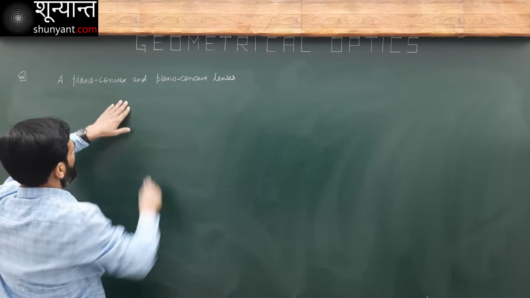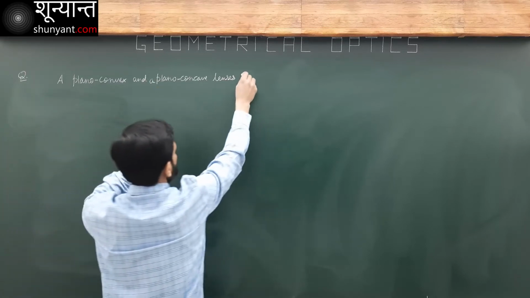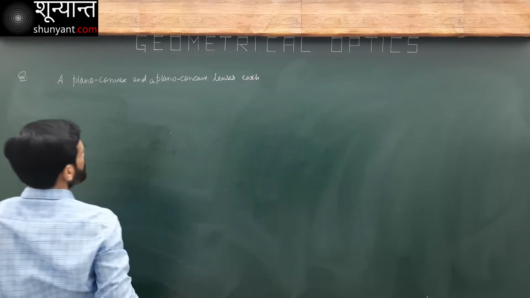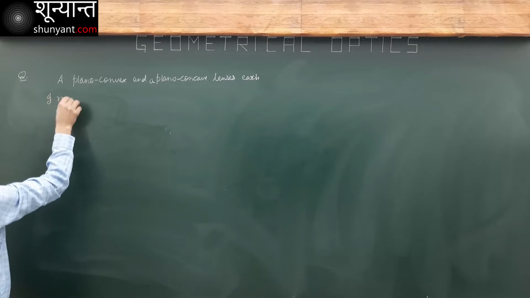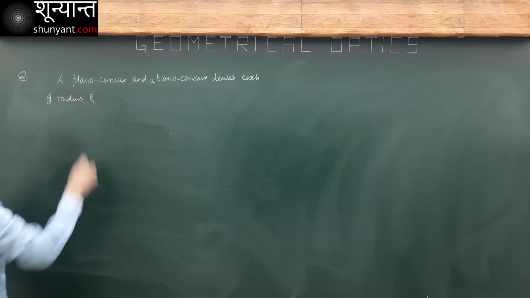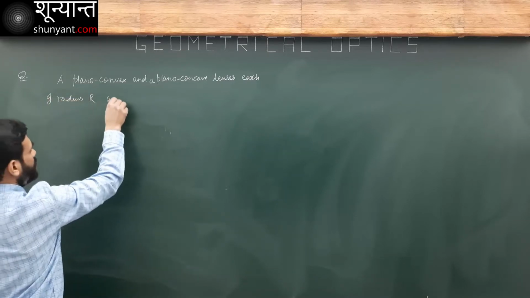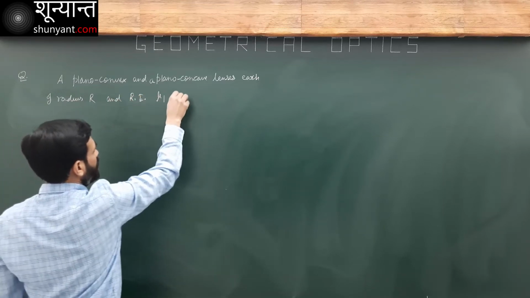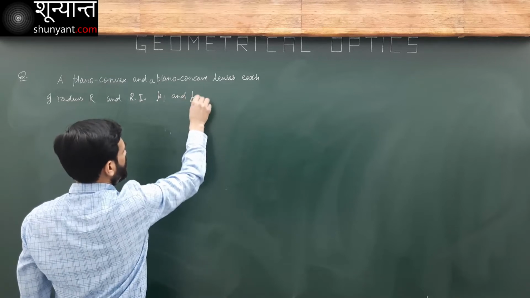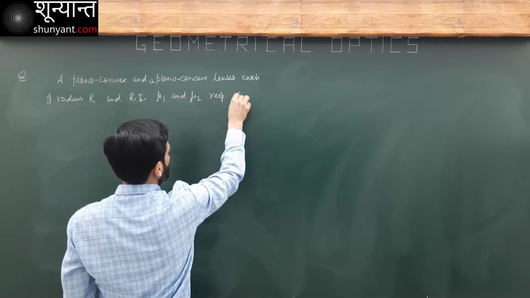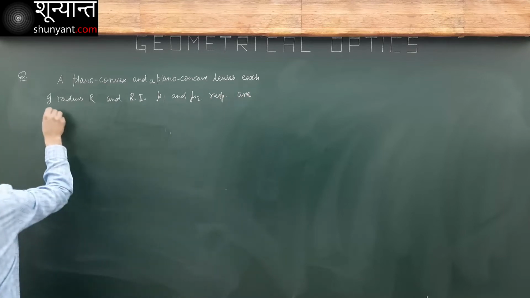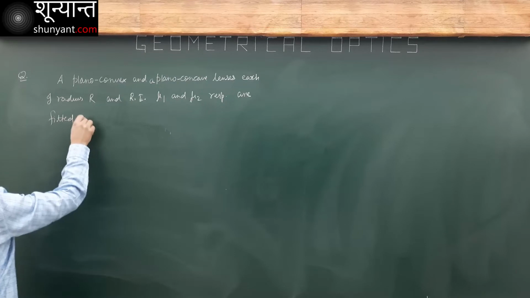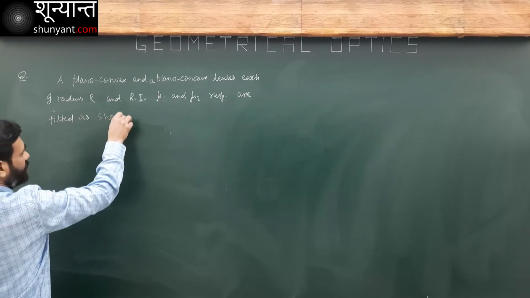A plano convex and a plano concave lens, each of radius r and refractive indexes mu1 and mu2 respectively, are fitted as shown.